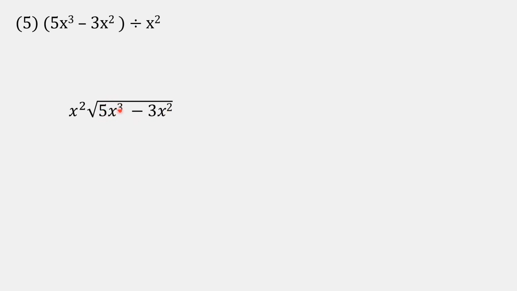As you do division with bigger numbers, same way, first term. First let's see 5x cube. Now what do you need to multiply with x square so that you will get 5x cube? It is easy, because x square is with 1 x square. So x square into 5x, if you multiply you will get 5x cube. So here you have to write 5x.